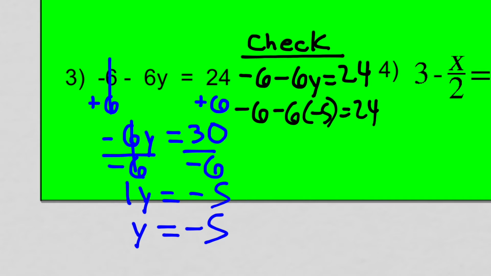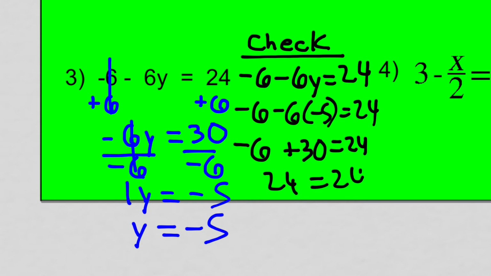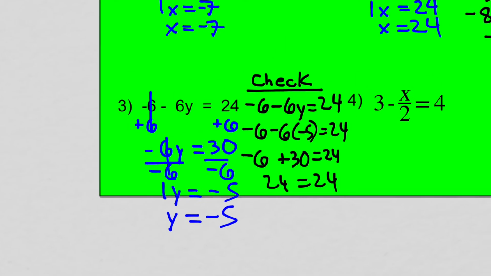We have to do this multiply first. Negative 6 times negative 5 is positive 30. Negative 6 plus 30 equals 24. So 24 equals 24. Everything checks out.